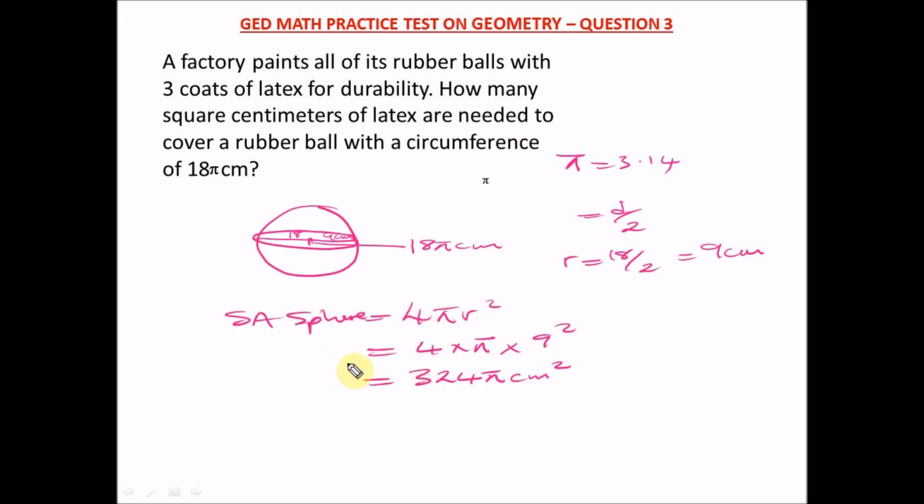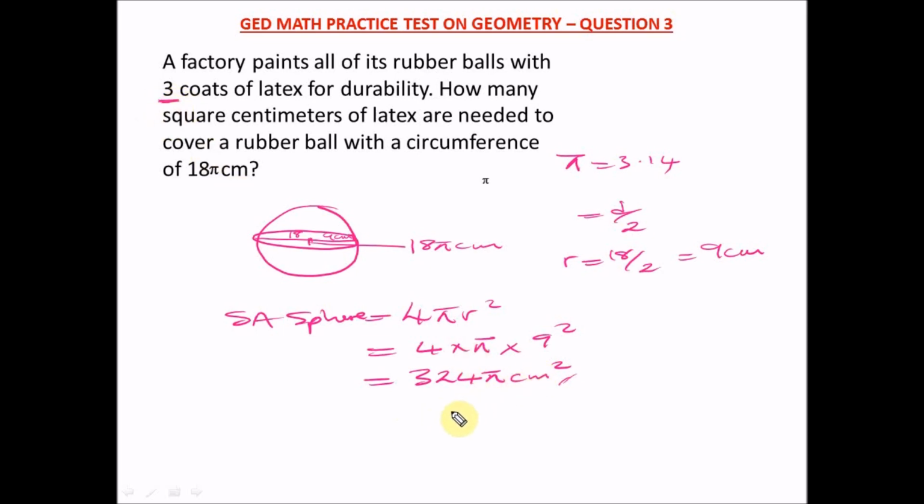We've found out the surface area of one sphere, which is this. So this is the amount of latex needed for one coat, coating the rubber ball once. But from our question, the factory coats it 3 times.